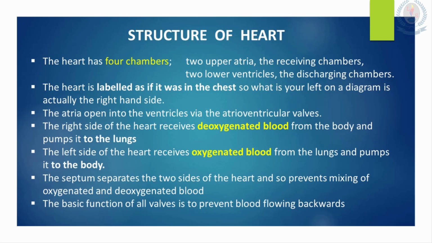Then the blood enters the right atrium, which pumps blood into the right ventricle through which? Through the tricuspid valve, and the right ventricle pumps the blood into the pulmonary artery via the pulmonary valve. The pulmonary artery will deliver the deoxygenated blood to the lungs where gas exchange occurs.